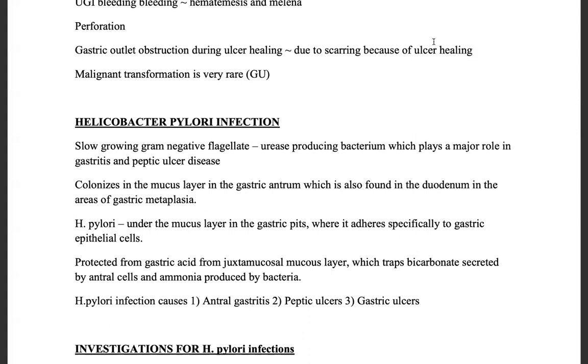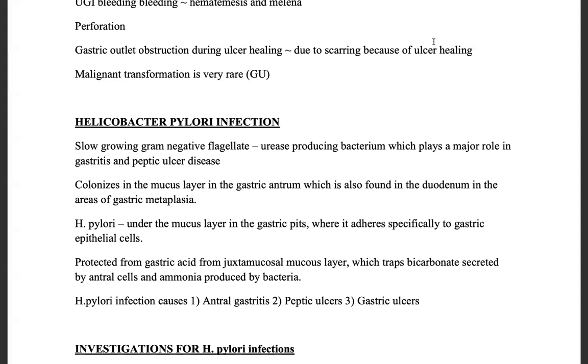What happens is they get confined to these gastric pits areas, and they trap all the bicarbonate secreted from these antral cells. And what they do is they produce ammonia. And remember that Helicobacter pylori is very much adapted to the stomach environment. Okay.